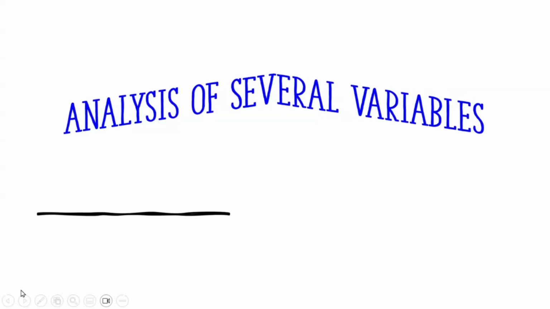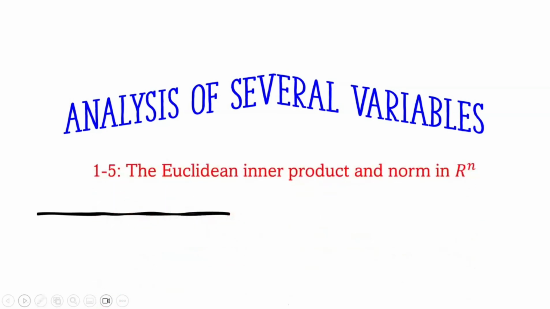Welcome to the third lecture of Analysis of Several Variables. Today we are going to discuss the fifth topic of module 1, which is equality, inner product and norm in Rn.